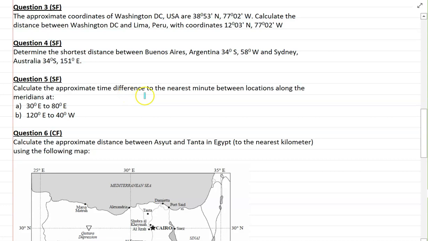So the approximate time difference, that's referring to your recollection on what 1 degree of longitude difference equates to in minutes. All right, so there's your clue. Have a go and see, and we'll check in to see how you went shortly.